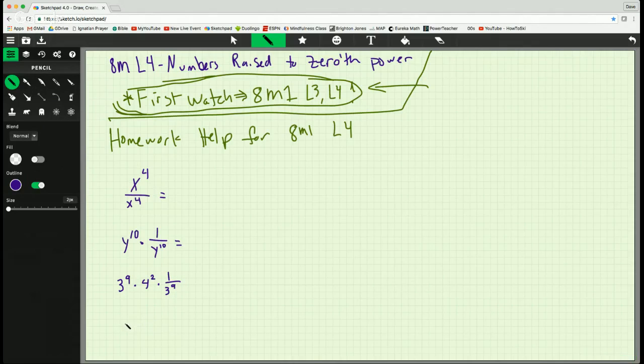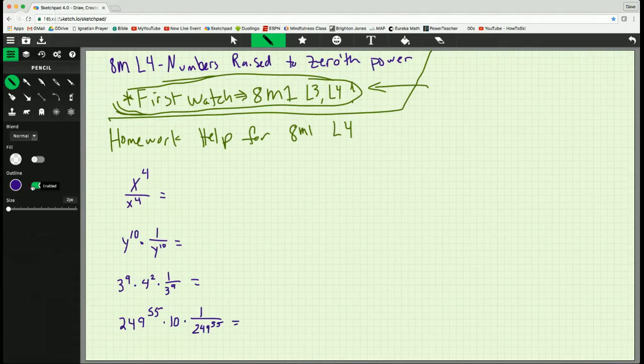And then we're going to do 249 to the 55th times 10 times 1 over 249 to the 55th. I encourage you to try all of these, pause, and then come back and watch the answers.